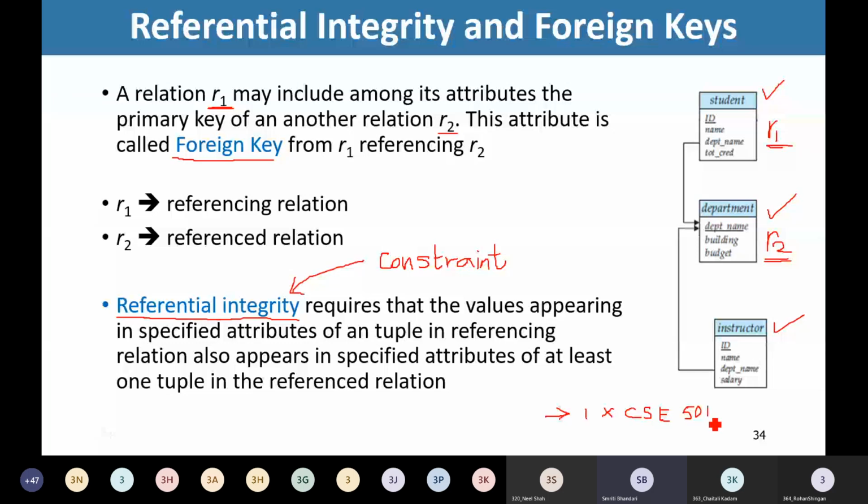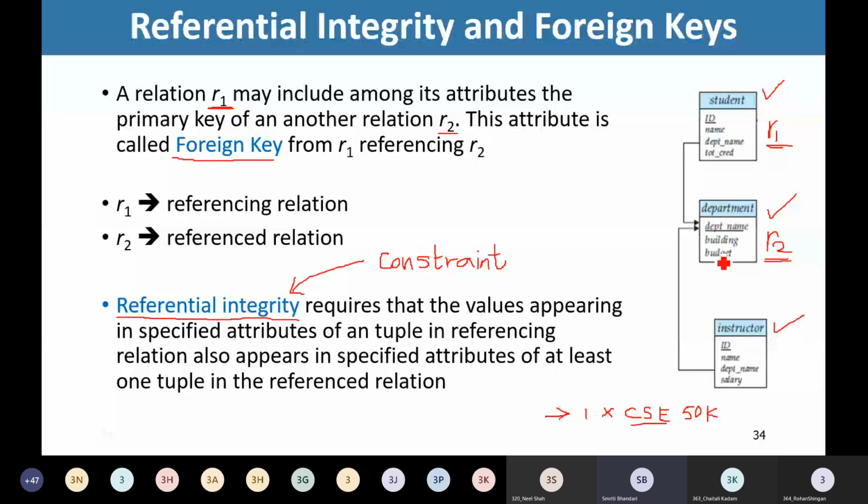into my instructor table, as I am borrowing this department name from the department table, I need to make sure that this CSE department is present in my department relation.